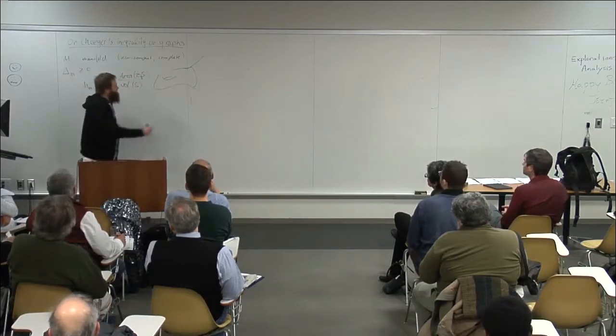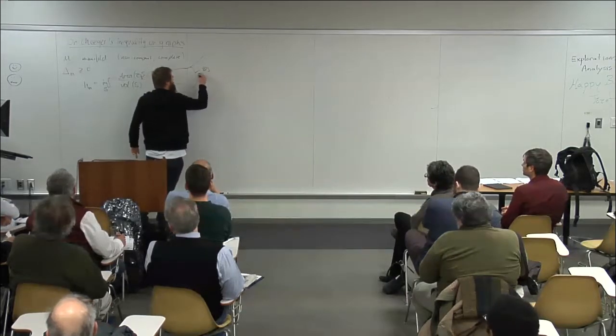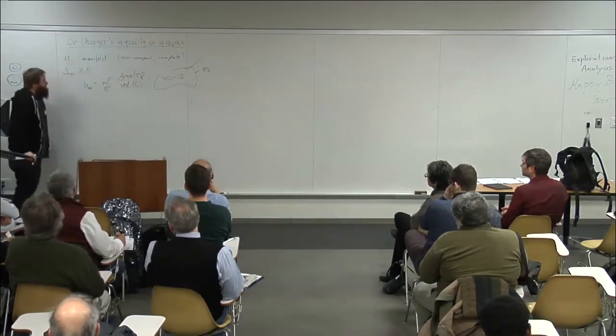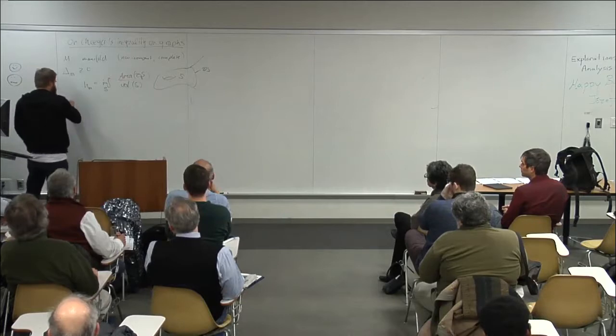You take the area of S and divide it by the volume. That's Cheeger's constant, and then you can estimate the bottom of the spectrum.